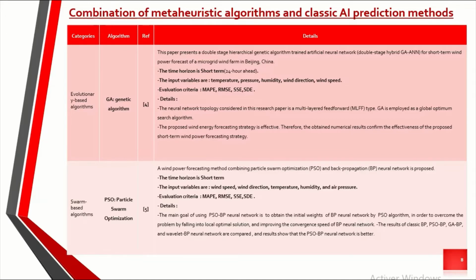For the PSO from swarm-based algorithms, a wind power forecasting method combining PSO and BP neural network is proposed. So the main goal of using this technique is to obtain the initial weight of BPNN by PSO algorithm in order to overcome the difficulty of falling into a local optimal solution and to improve the convergence speed of the predictive model.